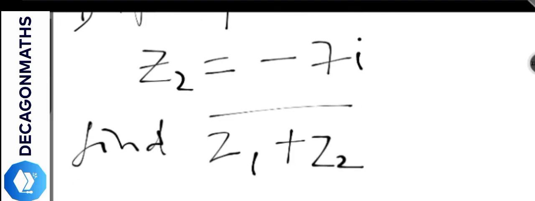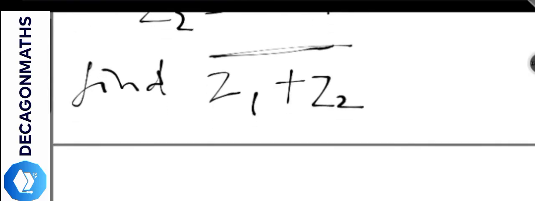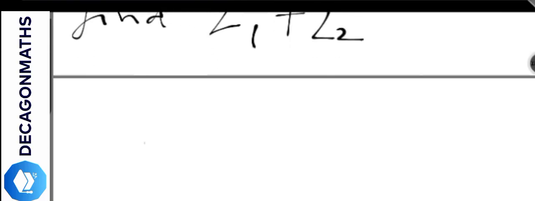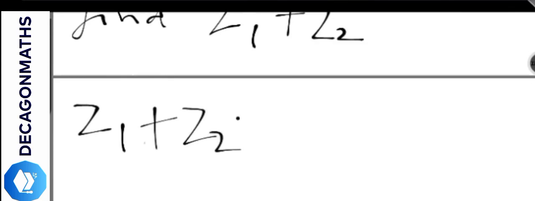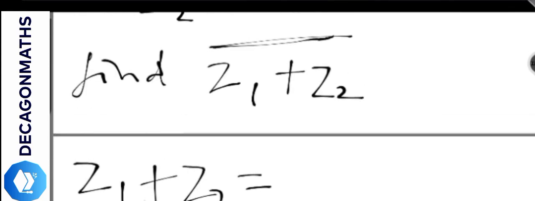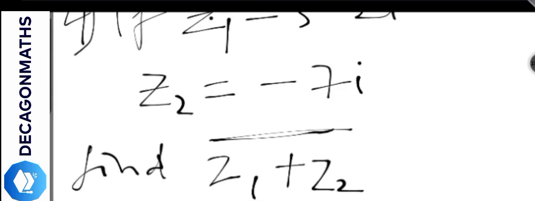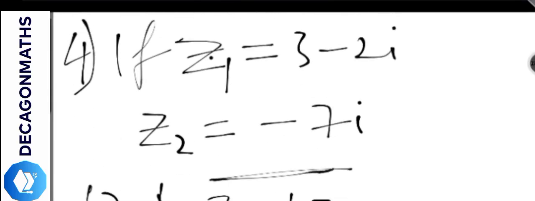This line means conjugate, so you have to find the conjugate of z1 plus z2. So firstly, we have to find z1 plus z2. So z1 plus z2 equals, now z1 is 3 minus 2i.